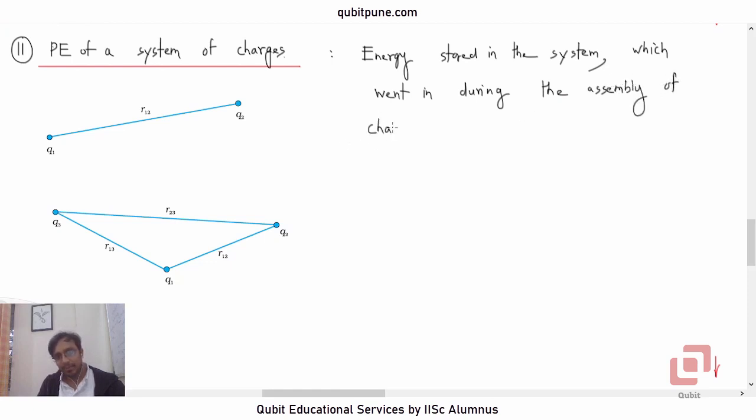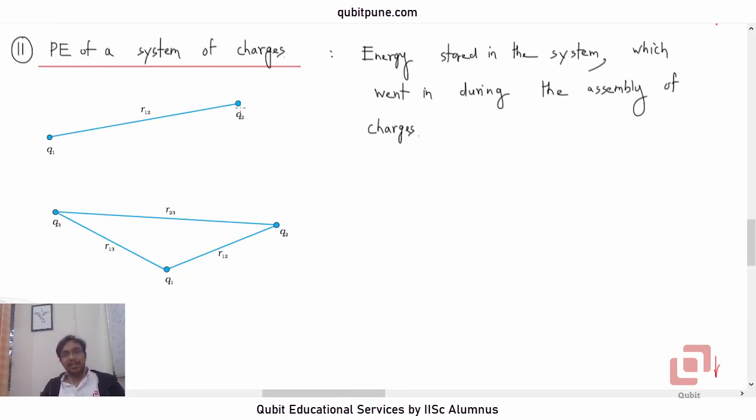Okay, so when these charges were at infinity, and when they were brought to their positions, there will be some energy that goes in, because for a single charge there is no field, there is no force, so there is no work, so there is no potential energy.